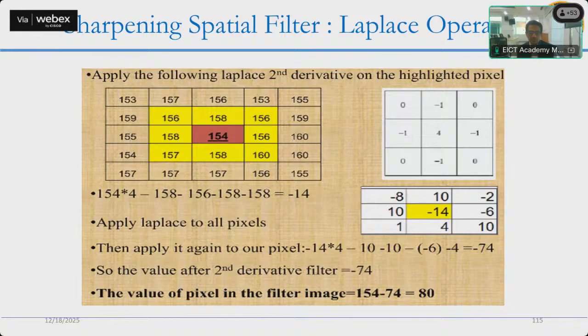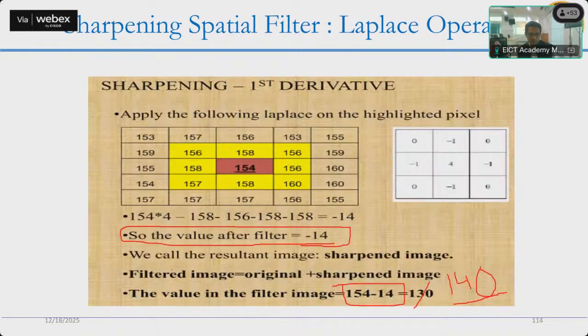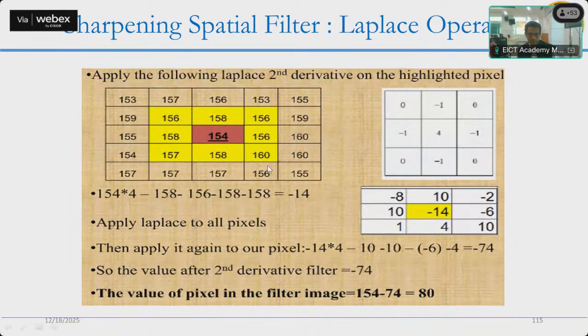So now if we apply the second derivative, what would we say in the second derivative in this one? Second derivative means again you will multiply this value. But please notice here that when you apply it again, you get 154 into 4, 158 minus again this is minus 14.